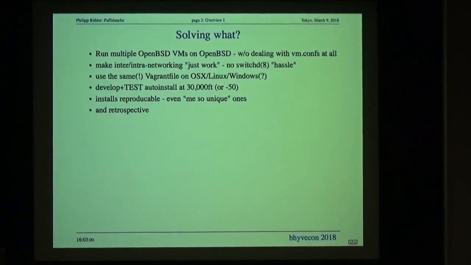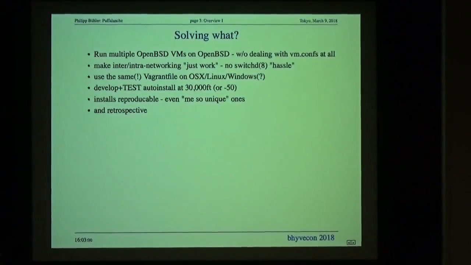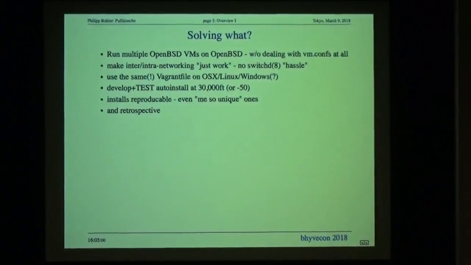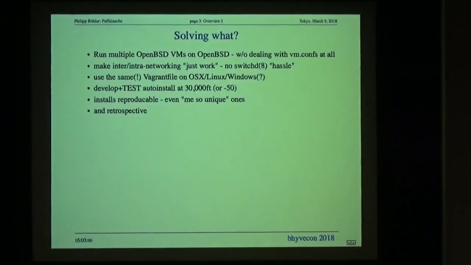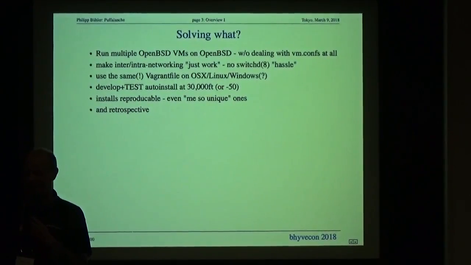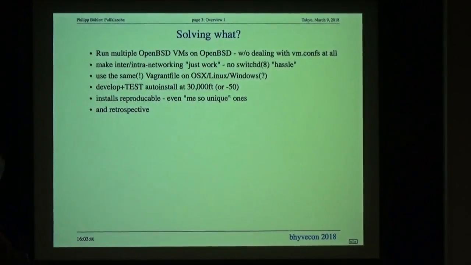So if you have an OpenBSD VM setup with your 5, 6, or 7, or however many vm.conf files, you can use that. And probably I've seen people for Beehive using shell scripts. I propose use Vagrant, it's way easier.